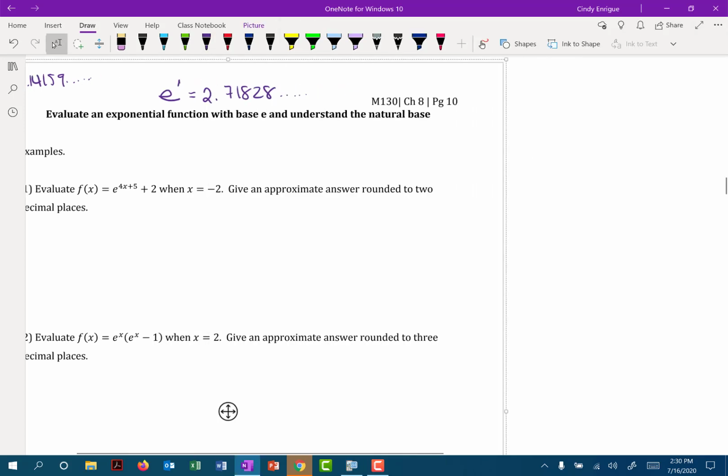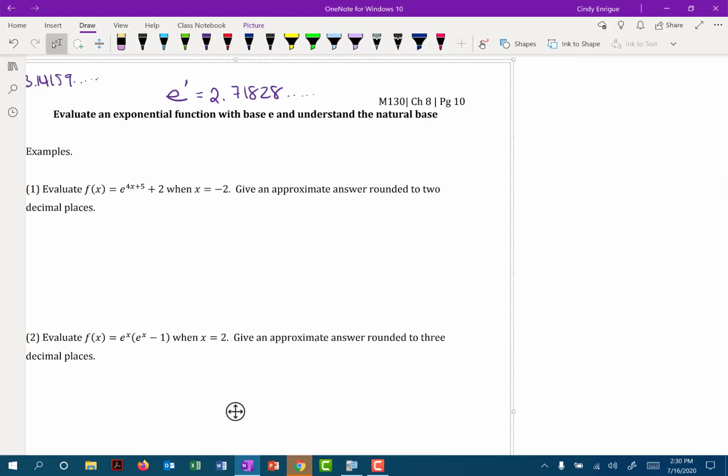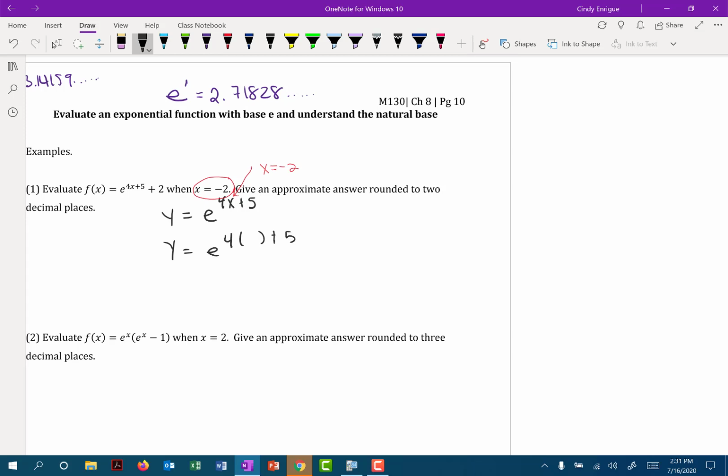So when it specifically says to evaluate this, well, this is what I'm plugging in. I'm saying that my y value is e to the 4x plus 5. So they're saying, hey, this x value, plug in x is equal to -2. So now I have that y is equal to e to the 4x plus 5.